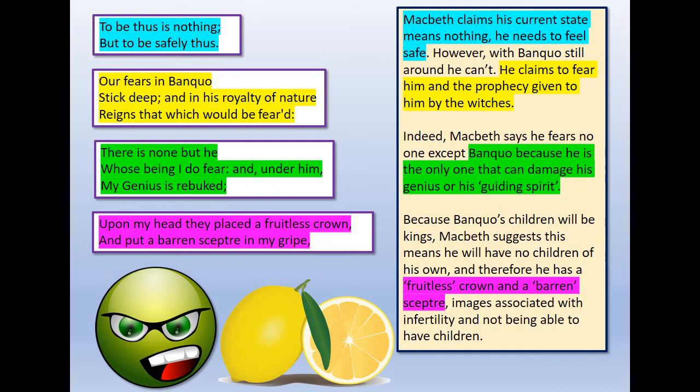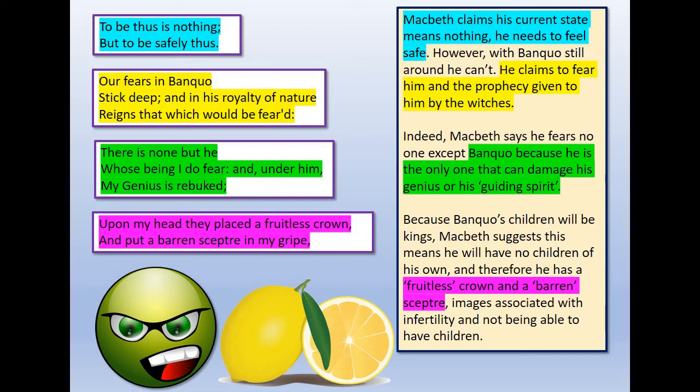He also knows that Banquo is the only person that may really have a solid argument in terms of suspicion because of the prophecy. But also, where else might he not be safe? If we think about what was really important for a king at that time, it was to have a son, because a son was a guaranteed heir to carry on your throne, to carry on your lineage. And he doesn't have a son.